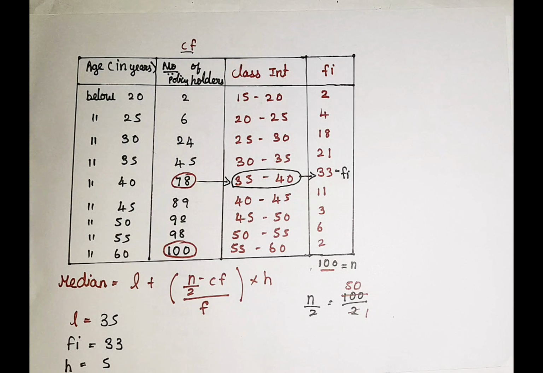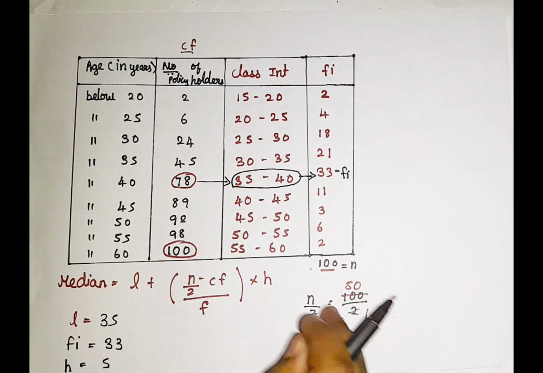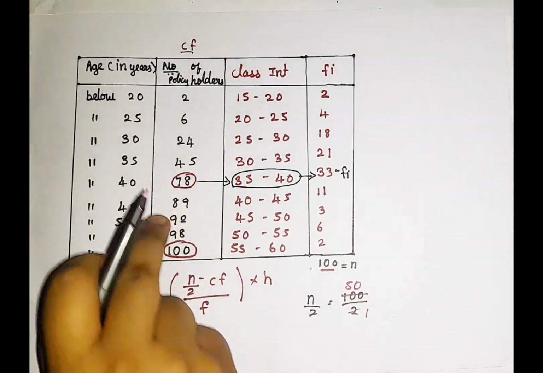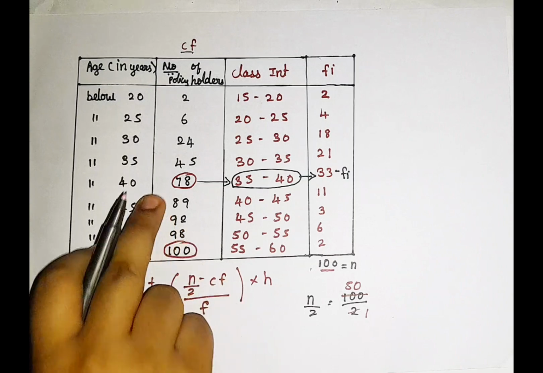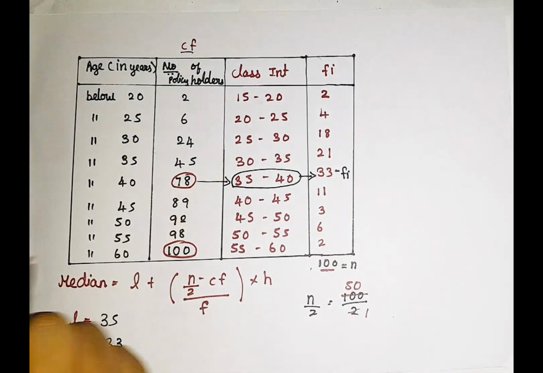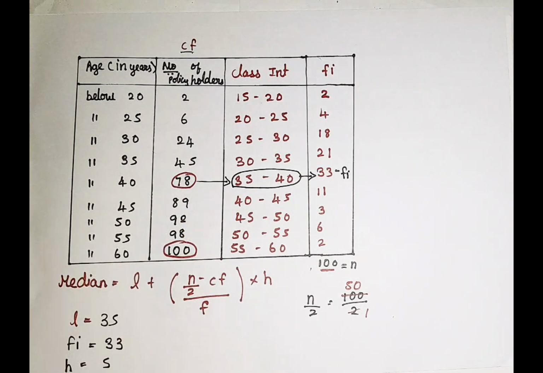So I just told you guys, whenever we find something like this that is close, here the number is 50. So in this cumulative frequency table, the closest value to 50 is either 45, otherwise 78. In these both values, when you compare, the greatest number is 78, isn't it?